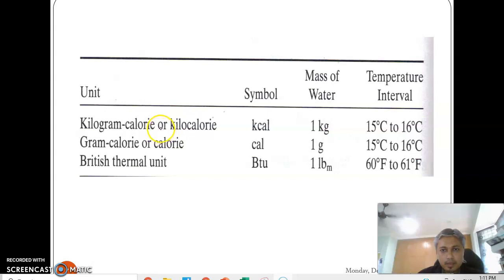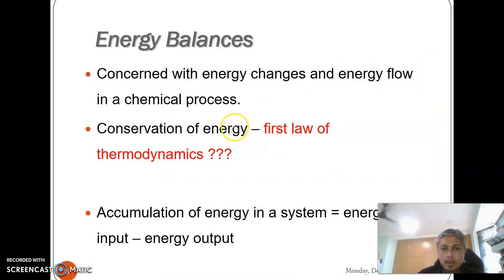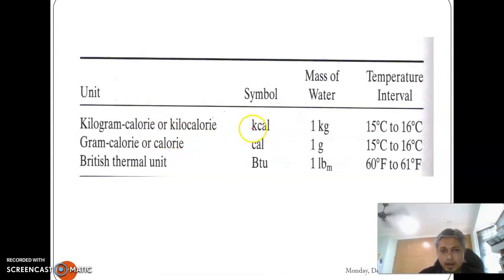This is the last slide for this video, which mentions the units of energy: kilogram calorie or kilocalorie, also calorie, and also the British thermal unit, or BTU. The mass of water is 1 kilogram for kilocalorie, 1 gram for gram calorie, and 1 pound mass for British thermal unit.